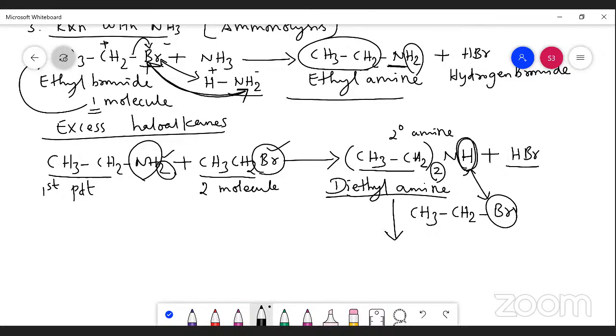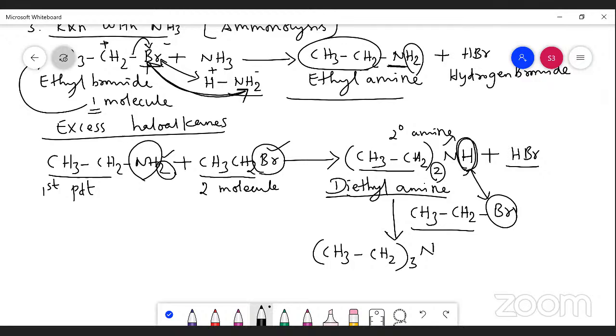Now what is remaining? Already 2 ethyl groups. Now this is also an ethyl group. How many ethyl groups totally? 3. So I can write CH3CH2, 3 times. Okay, now what is remaining? Don't leave it as it is. Go with the reactant molecule. One nitrogen is remaining. So nitrogen.